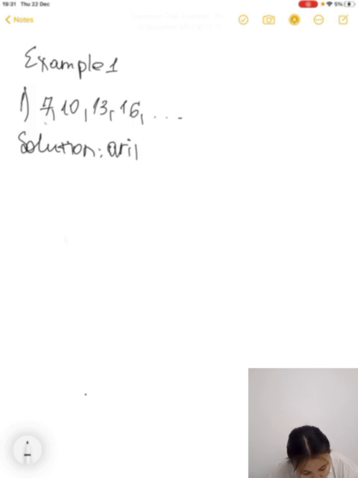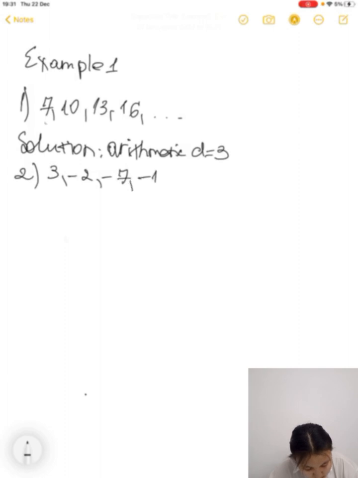This is arithmetic, and d is equal to 3. Second, 3, minus 2, minus 7, minus 12.